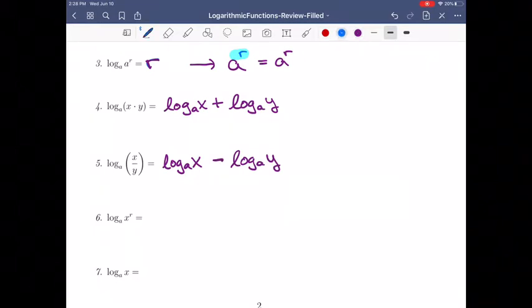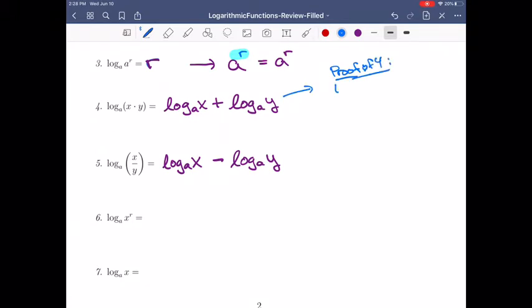Okay, I'm just going to do a little proof here so that you understand how these are coming from the exponent rules. So let's do rule 4. Proof of 4. Let m be log base a of x and n be log base a of y.